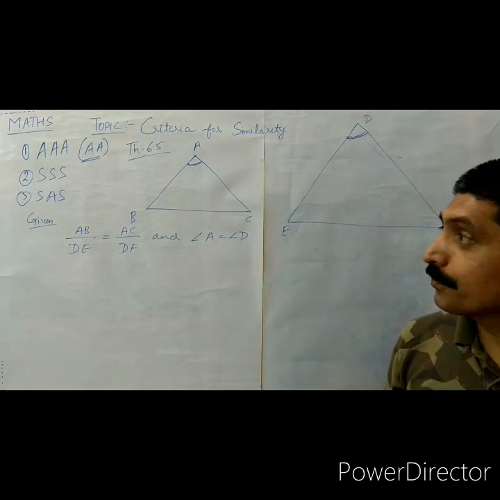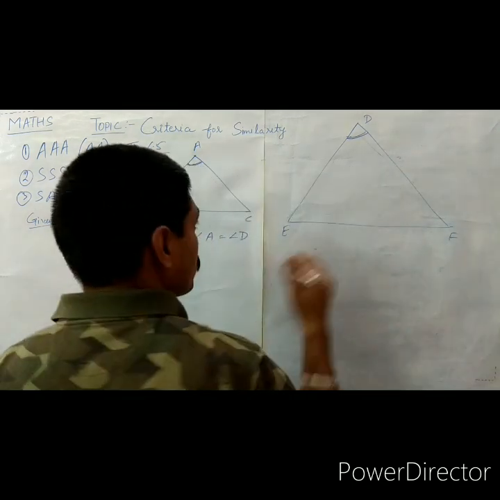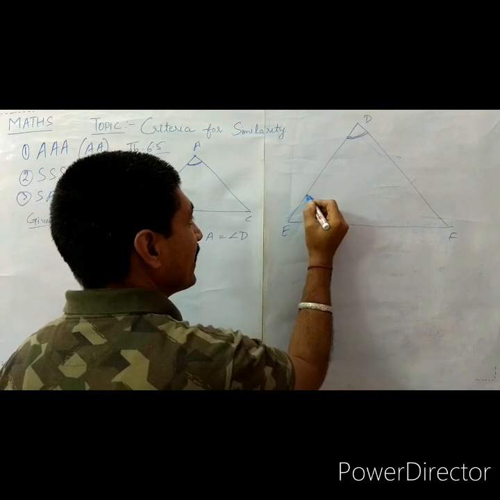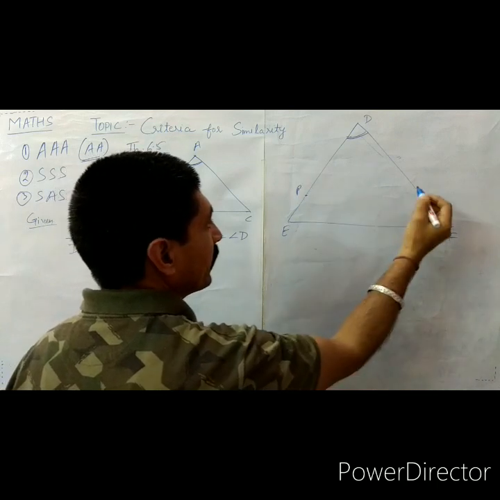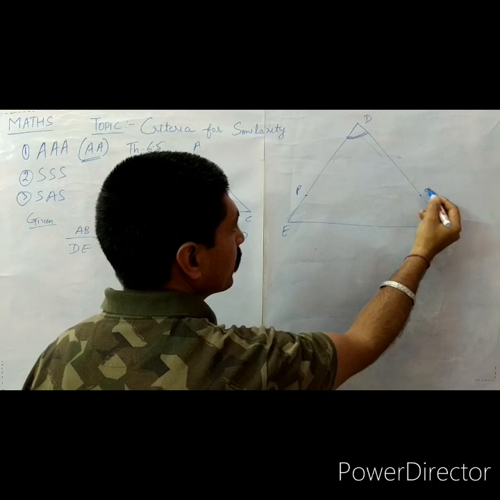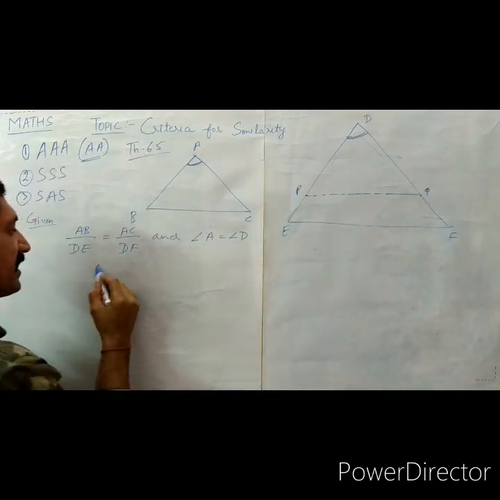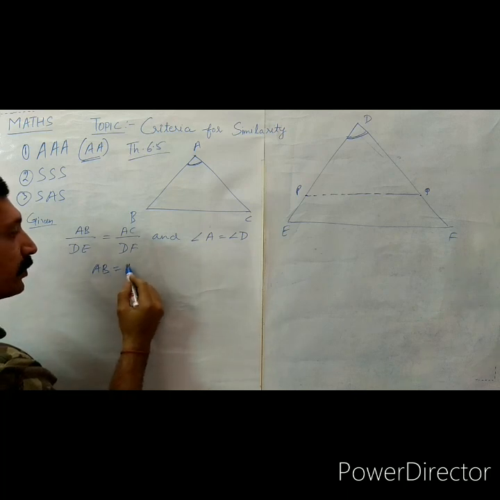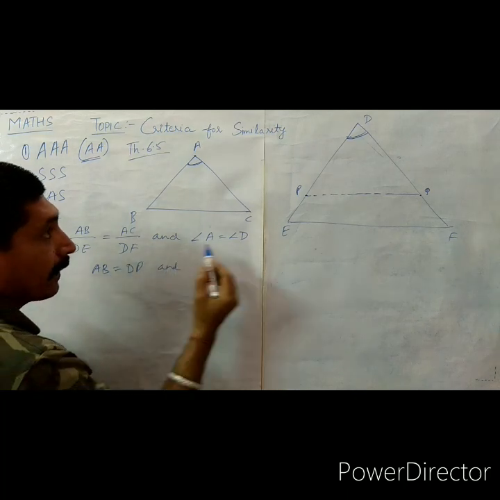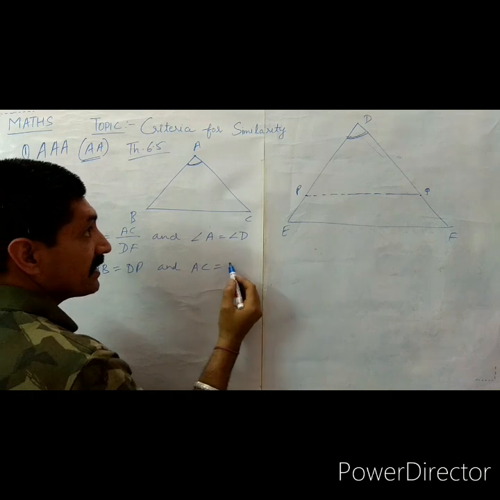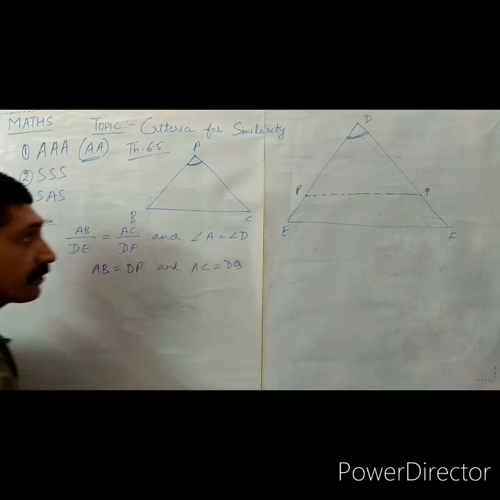Its proof, again by construction: we will cut DE at a point P and DF at a point Q such that AB is equal to DP and AC is equal to DQ.